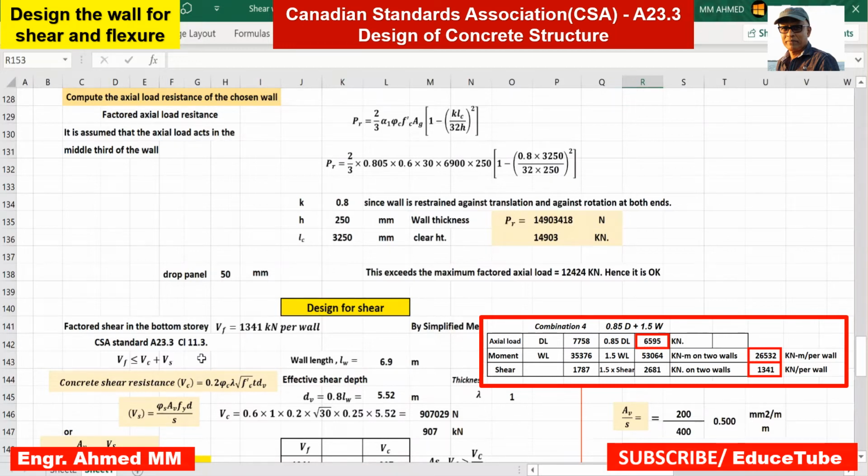Now this VC, concrete shear resistance, is equal to this equation, because the minimum vertical reinforcement is distributed over the horizontal length of the wall. We know there will be minimum vertical reinforcement on this wall at least. So our VC equation will be like this.